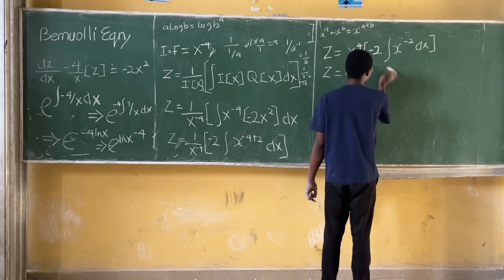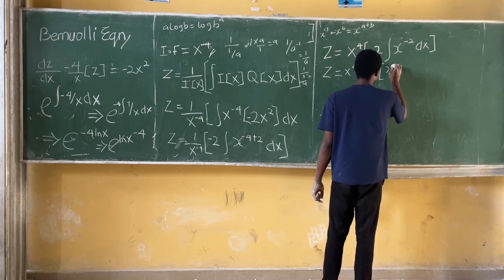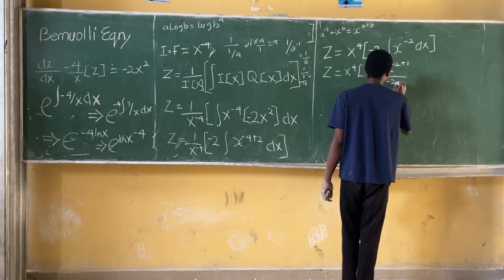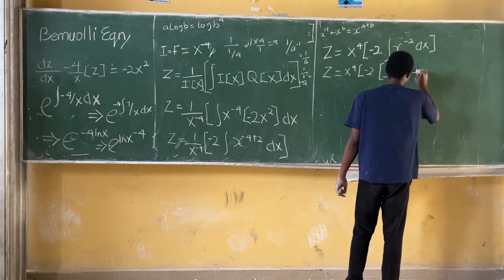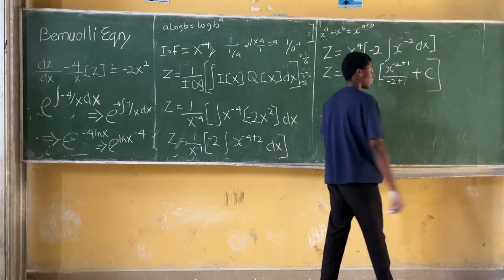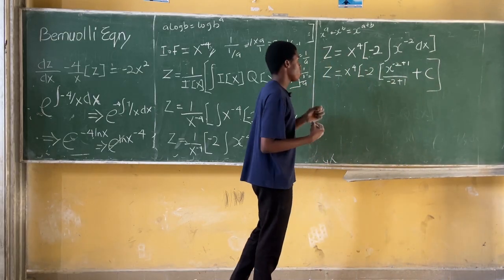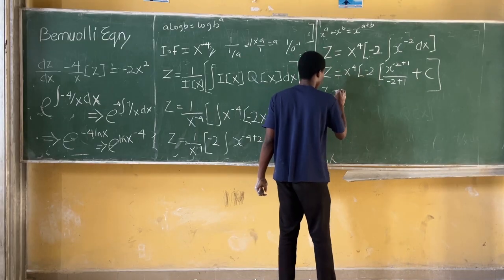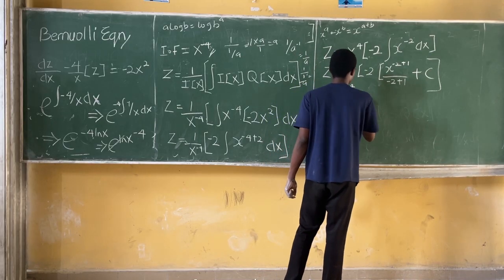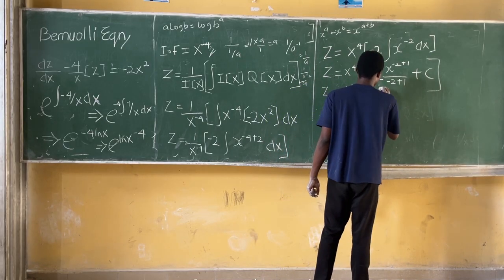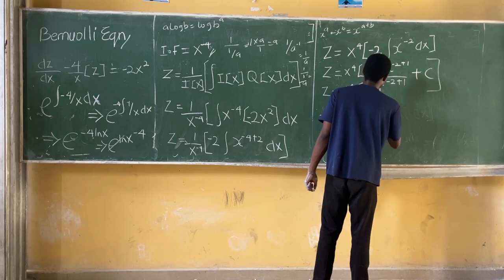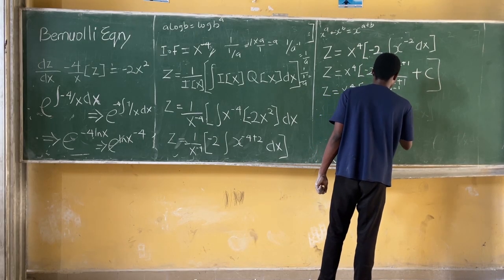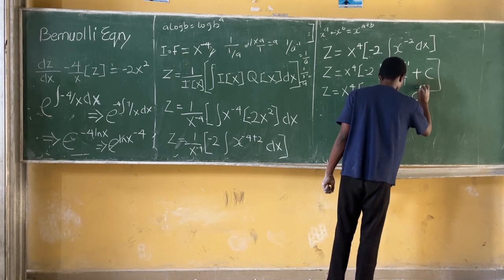Let's work the integral out. This is x raised to power minus 2 plus 1, over minus 2 plus 1, plus c. Let's not forget our constant of integration. It's very vital in working out this problem. So this is z, x raised to power 4 minus 2, x raised to power minus 1, all over minus 1 plus c.